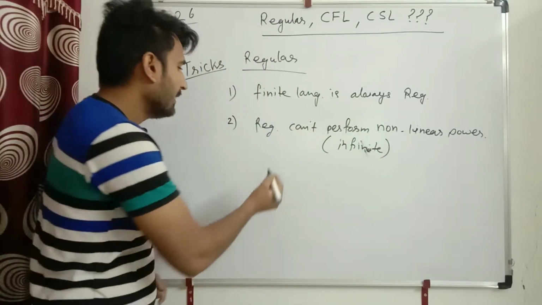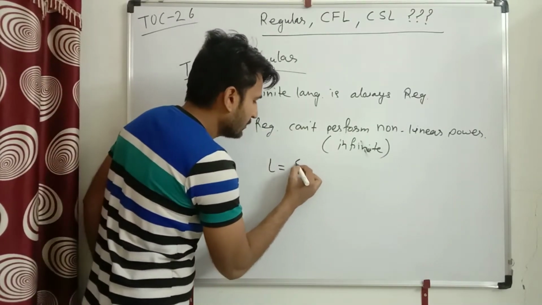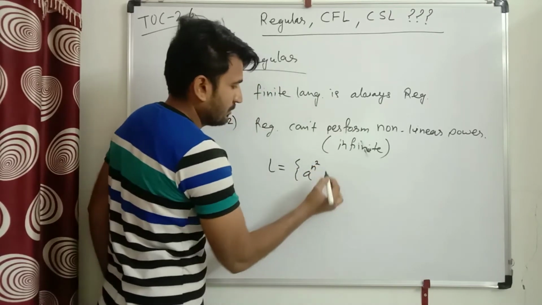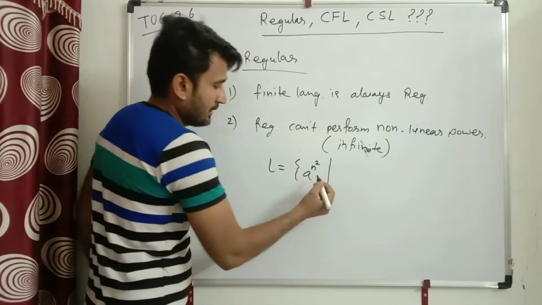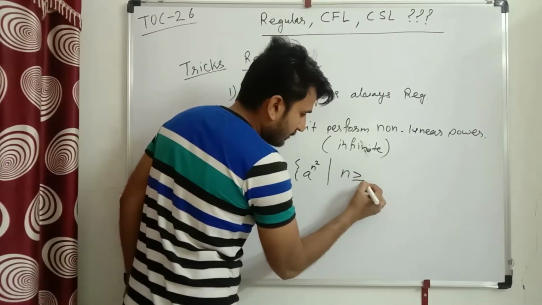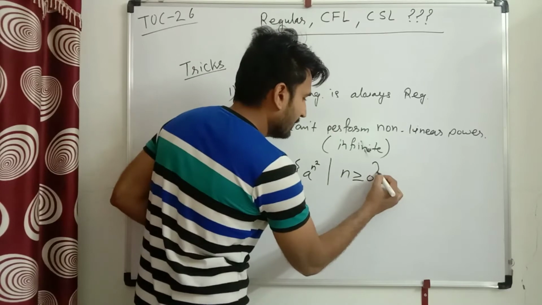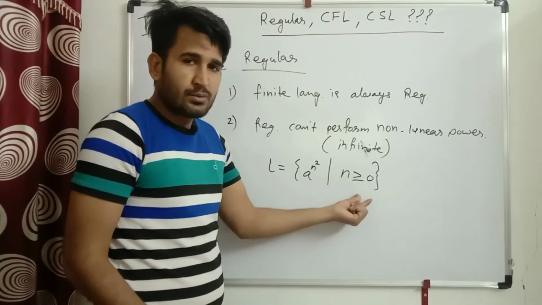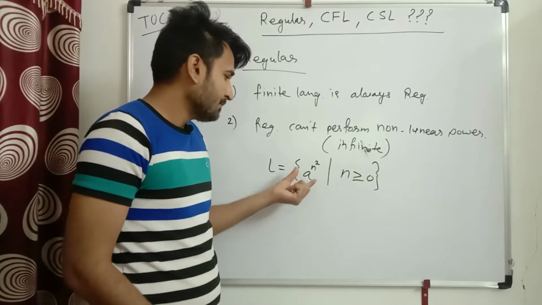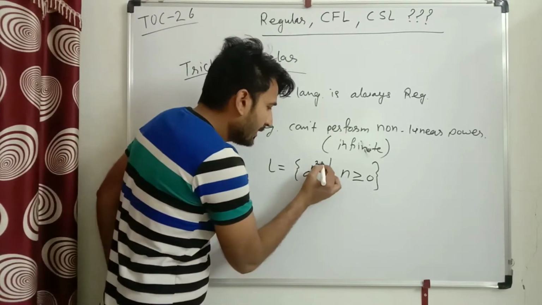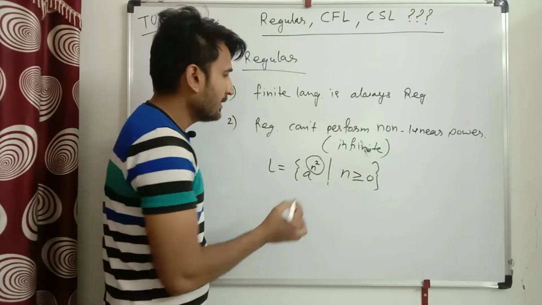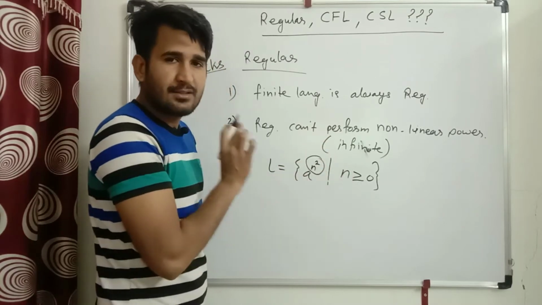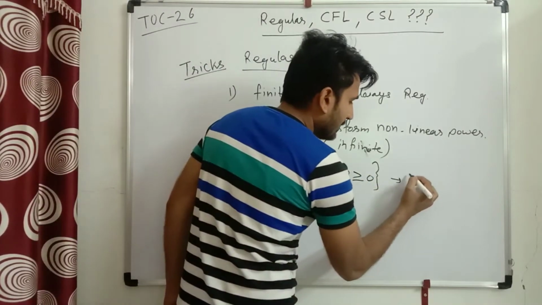For example, if the given language L is a power n power 2, where n is greater than or equal to 0, this is an infinite language. The given power is non-linear, so by seeing only, we can say that it is not a regular language. It is non-regular.